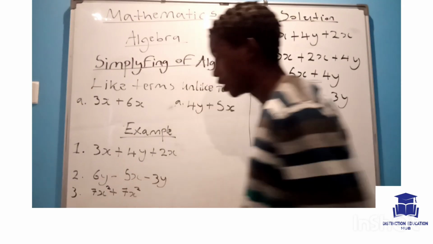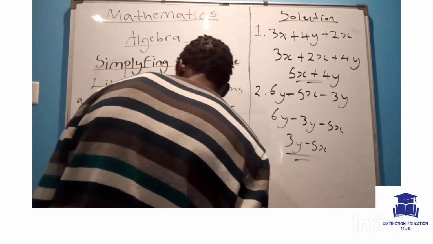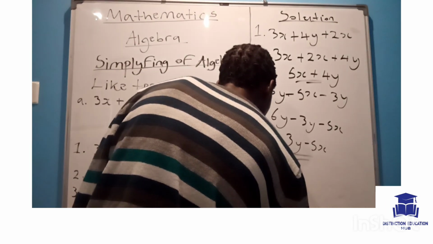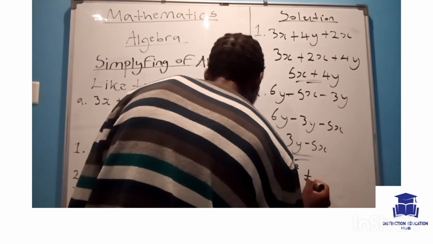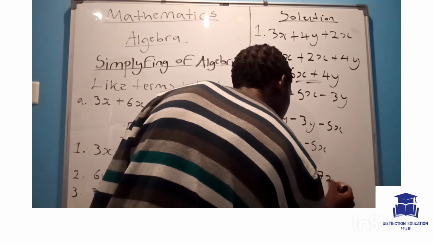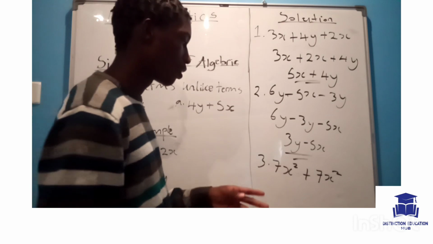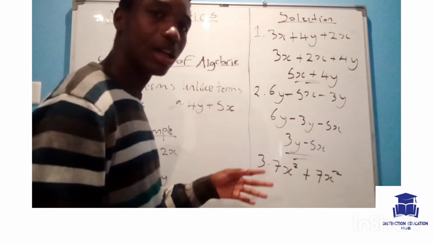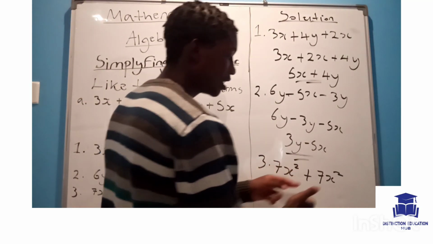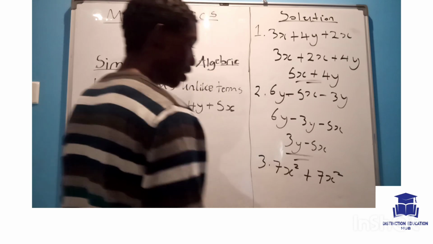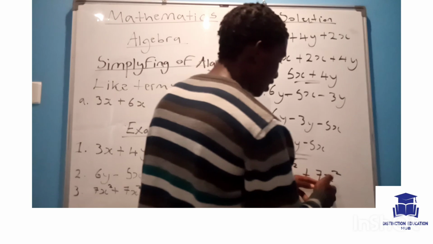You look at the third example, number 3. 7x squared plus 7x squared. When you look at this expression, you can see that these are like terms because 7 has a variable of x and this other 7 has a variable of x. 7x has a power of 2, and this 7x has a power of 2.